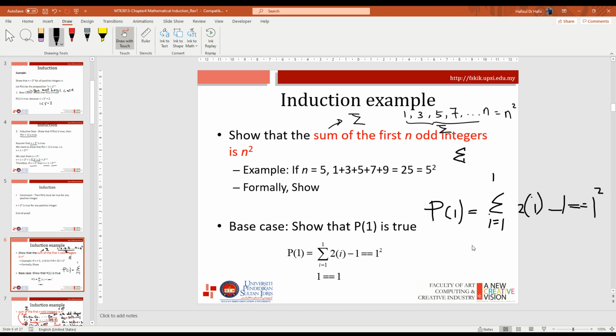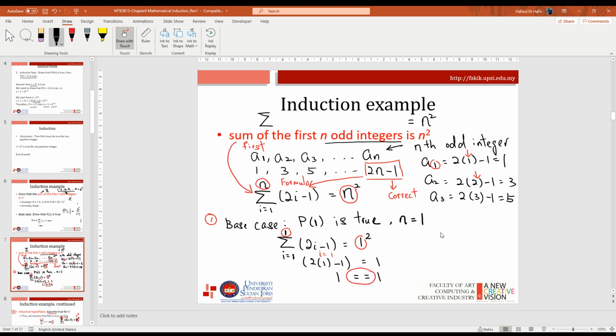And then the equation is 1 equivalent to 1. Okay, the sum of the first n odd integers is n^2.